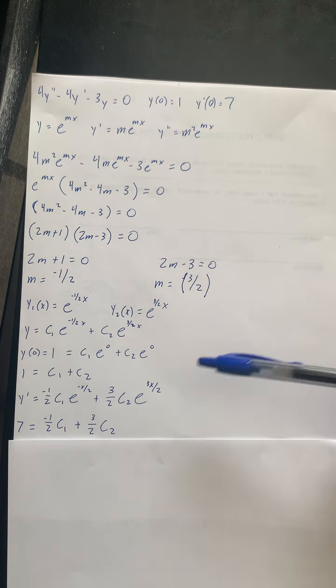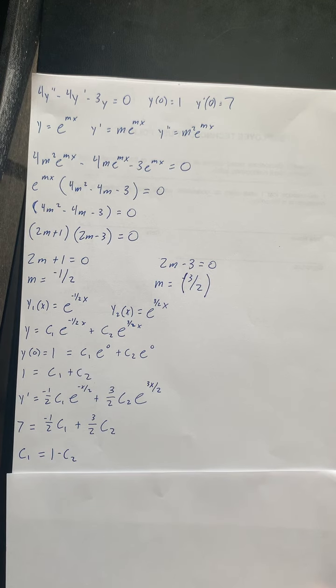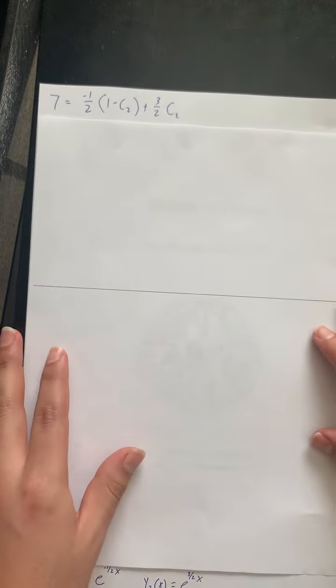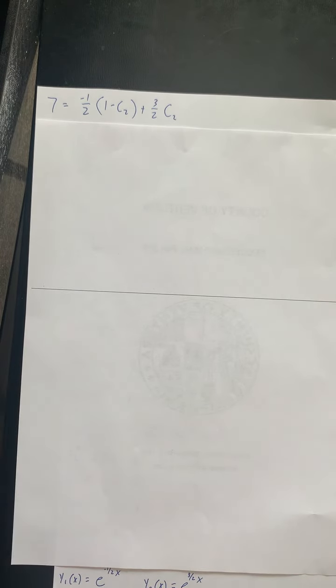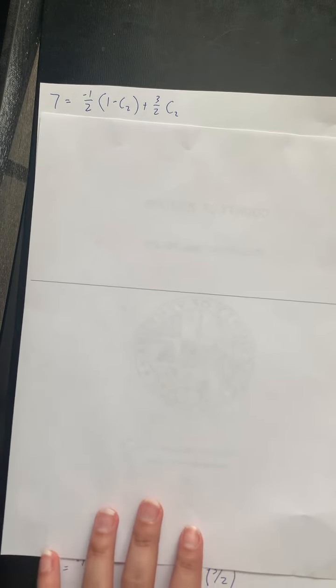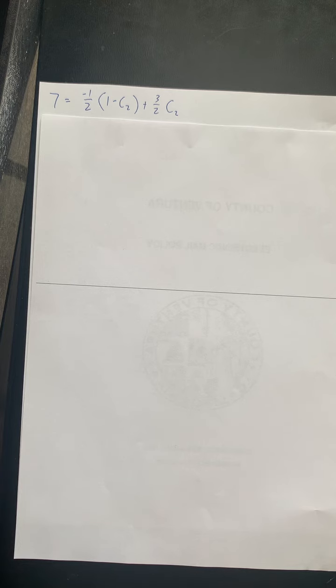So our next step is to solve for c1. So that's c1 is equal to 1 minus c2. So now our next step is to plug in 1 minus c2 into the equation 7 equals negative 1/2 c1 plus 3 over 2 c2.